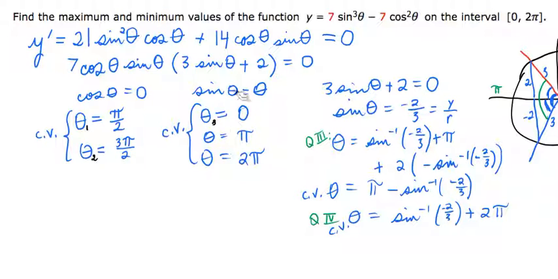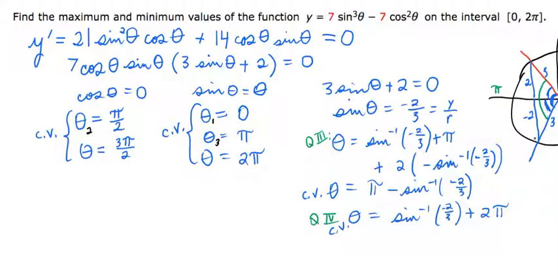Actually, no. Let's do the endpoint first. Let me change that. I'm going to do the endpoint 0 first. Let's call that theta 1. If I go in order of the thetas, the next theta I hit is pi over 2, so we'll call that theta 2.